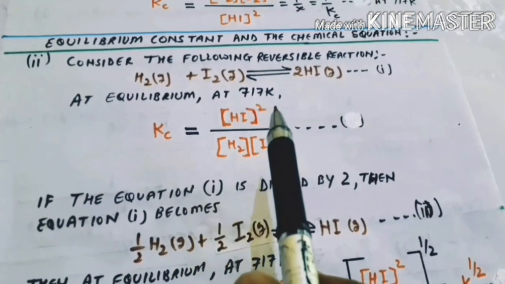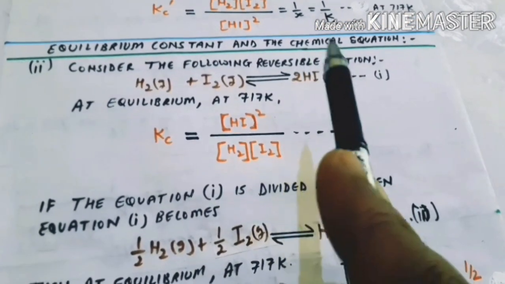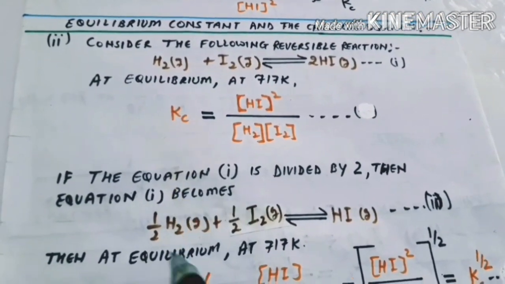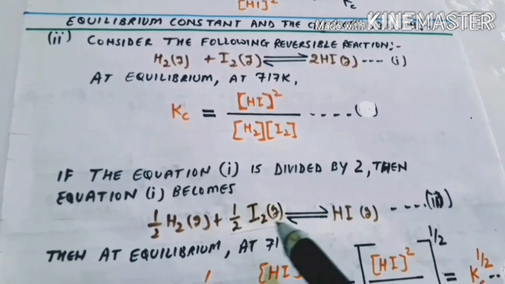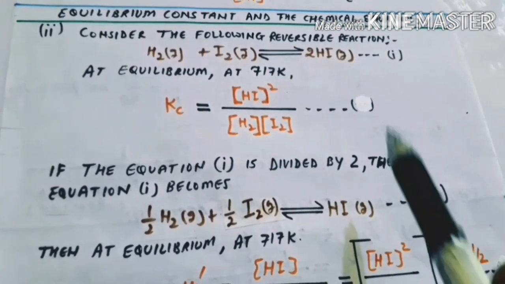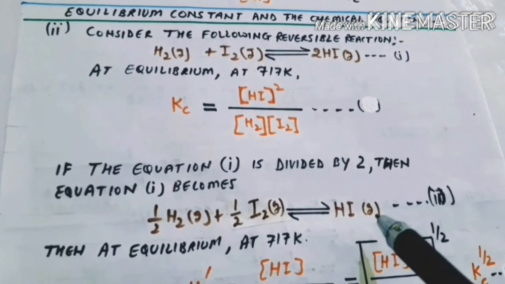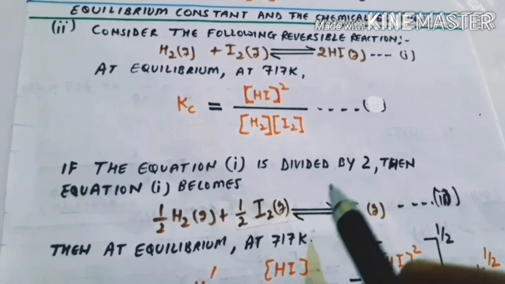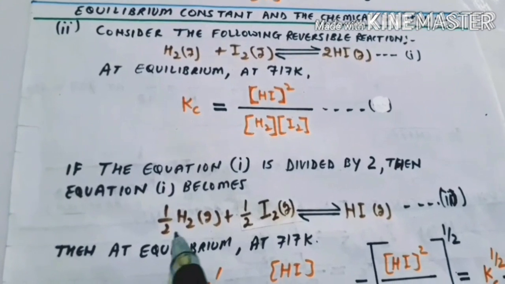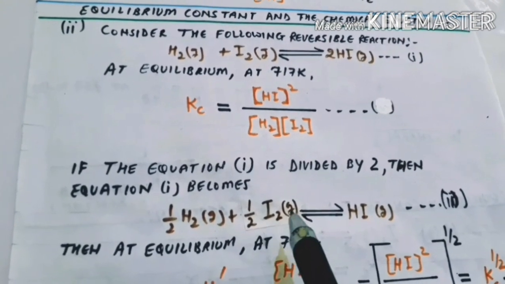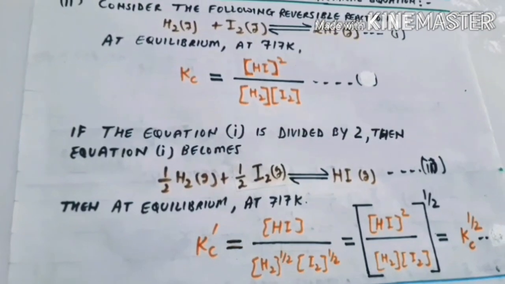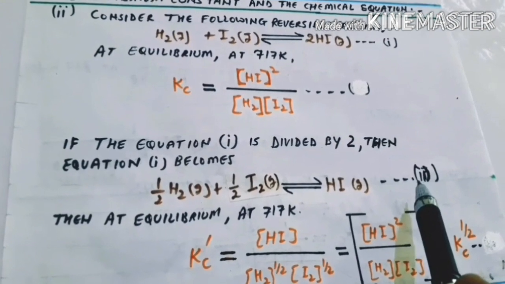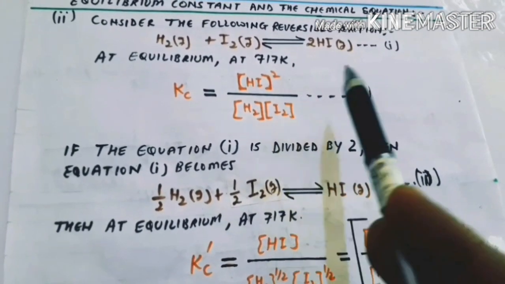Now if we divide the balanced chemical equation 1 of the reversible reaction by 2, then equation 1 becomes half mole of hydrogen gas reactant reacting with half mole of iodine gas reactant in the forward direction to produce 1 mole of hydrogen iodide gas as product, and 1 mole of hydrogen iodide gas as product in the backward direction decomposes to give back the reactants, that is half mole of hydrogen gas and half mole of iodine gas.